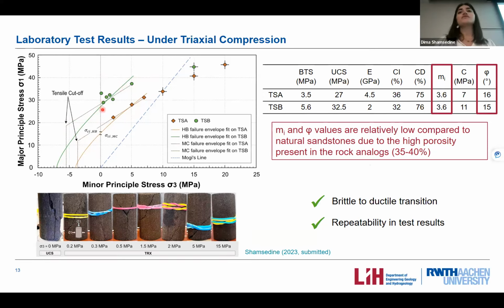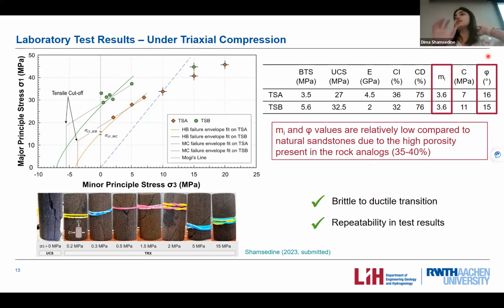And from these curves, we have extracted the mi, Hoek-Brown constant, the cohesion, and the friction angle. And despite that the UCS and other strength properties are acceptable, we can see that the friction angle is relatively low compared to natural rocks, which is usually between 25 and 30 degrees.